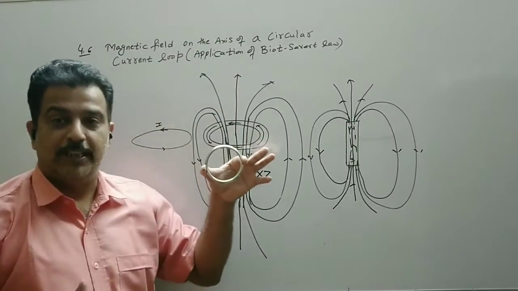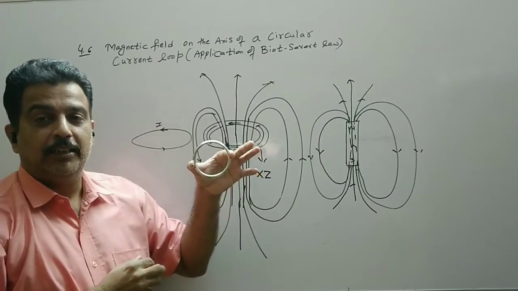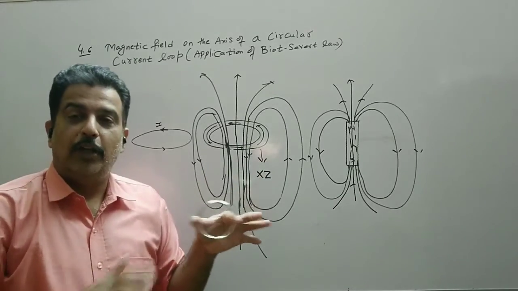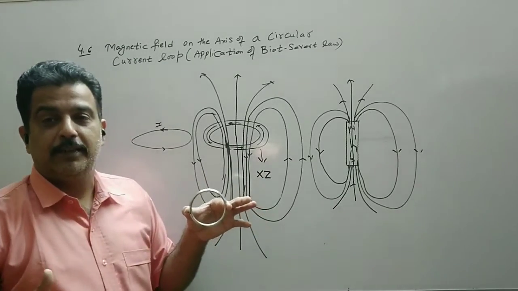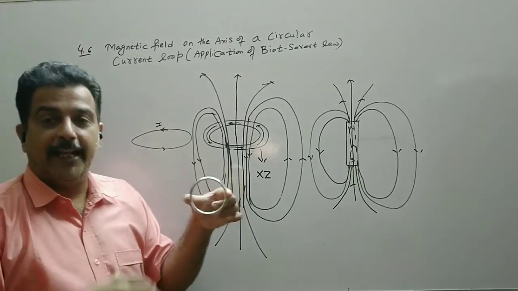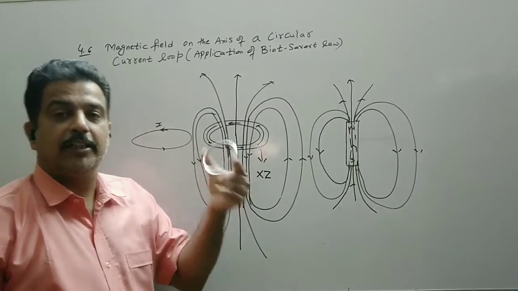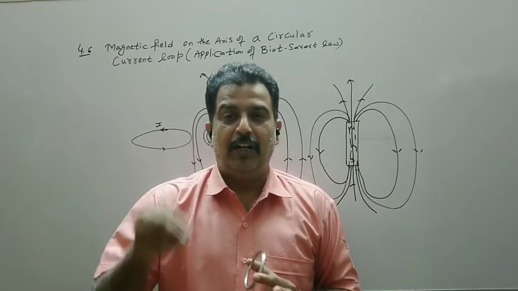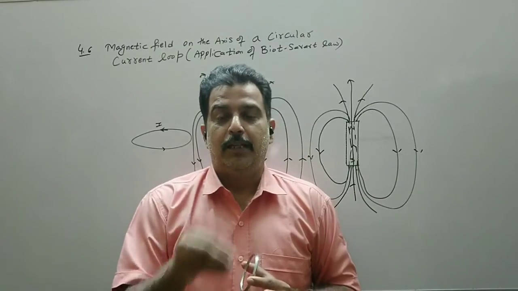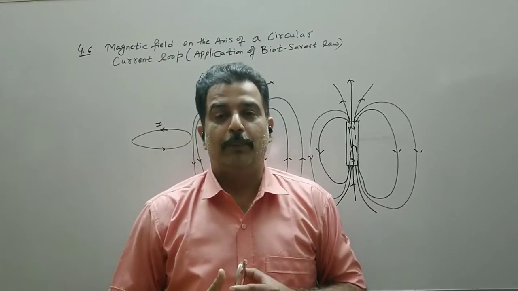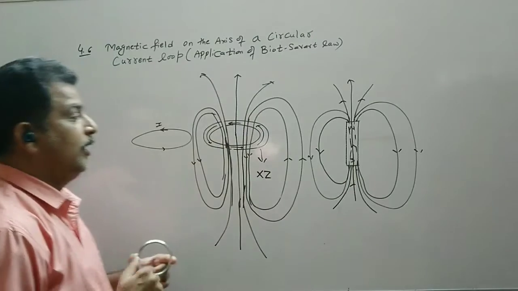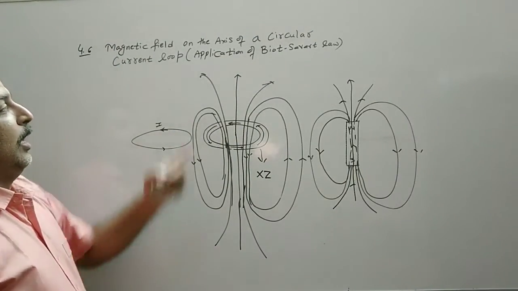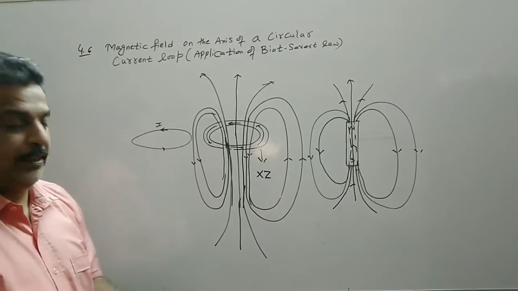But when we resolve this, we will find that the components which are perpendicular to this magnetic field will cancel, and all the components which are parallel to this plane will add up. So we consider the ring in a plane. The magnetic field contribution will be by the component parallel to the plane, and the perpendicular component will cancel out. This is how we find the direction along the axis simply by the right hand thumb rule.